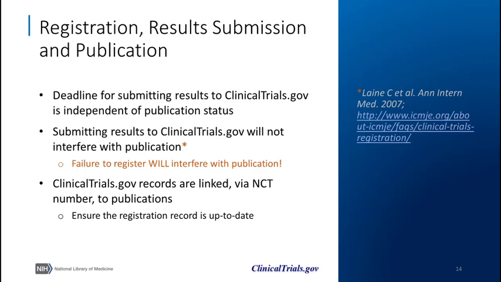ClinicalTrials.gov records are linked via their assigned NCT number to publications, either via the References module in the Protocol section of the record, or by automatic indexing on the ClinicalTrials.gov website. Therefore, reporting of results to ClinicalTrials.gov is complementary to publication and can be considered a way to fully represent the results of the trial.